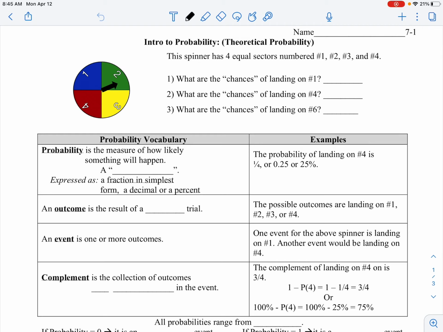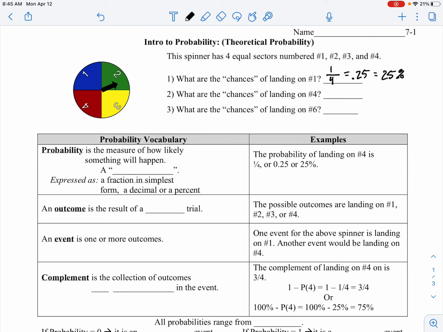When we're doing probability, we'll get into this a little bit later, we will create a fraction, and on the bottom we're going to put the total number of outcomes there are, and we're only worried about 1/4 of those because 1 is only one of those 4. And then we will also be doing probabilities as decimals, and turning it into a percent, so there's a 25% chance that we land on number 1.